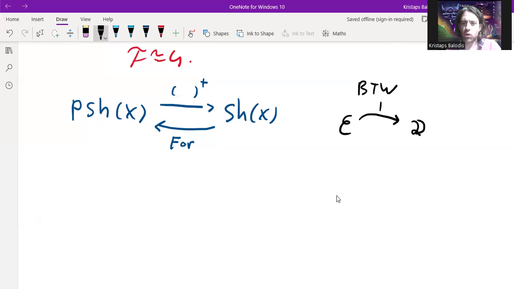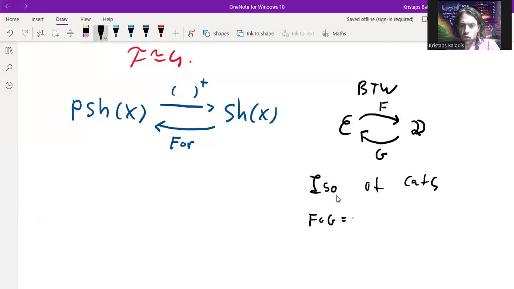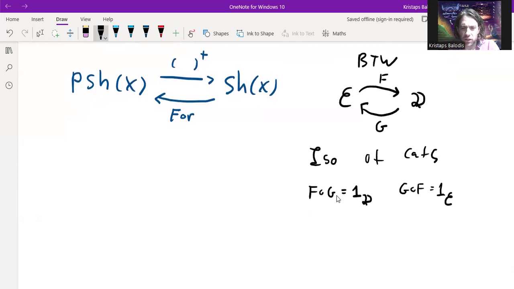Well, just like how in a category we define an isomorphism to be a pair of mutually inverse maps, an isomorphism of categories says that if you compose either of these maps, you should get the identity right on the nose, right? And that makes sense because that's just how isomorphisms are usually defined.